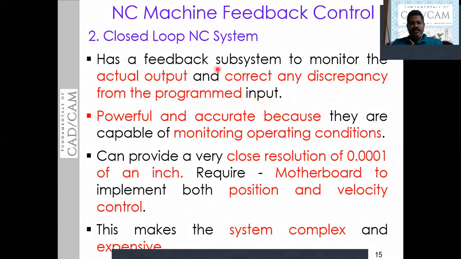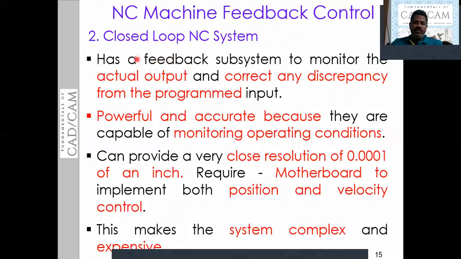If the comparator finds that the actual movement of the tool or the actual movement of the table has any error, in that case this closed loop subsystem is going to send the feedback signal back to the comparator.